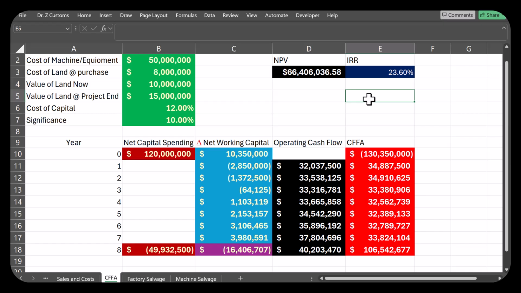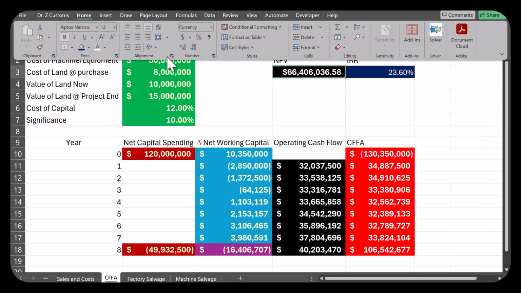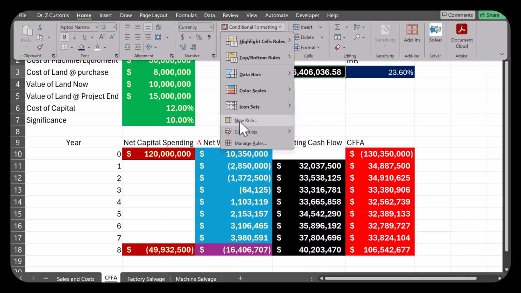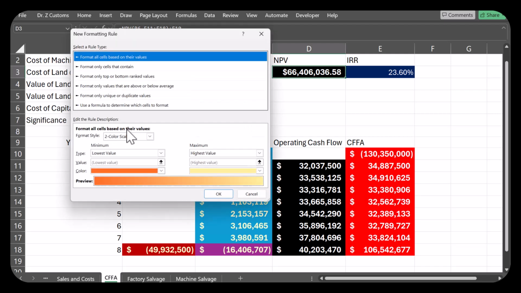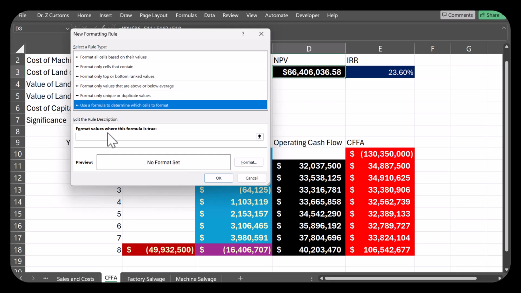But just to be fancy, I'm going to put a little bit arrows on this. Why? Because I can be fancy. New rule, use a formula to determine which cells to format. No, that's not what I'm going to do, actually.